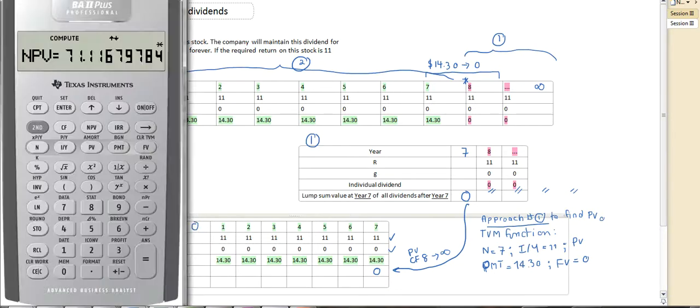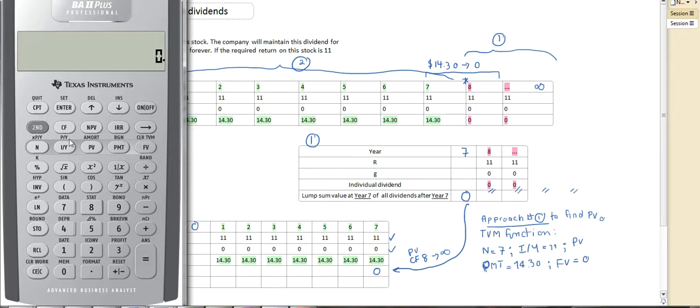So let me put this information in for you. Clear the time value of money and clear everything. Clear one more time. All right, 7 N, 11 I/Y, 14.3 PMT, 0 FV, compute PV.